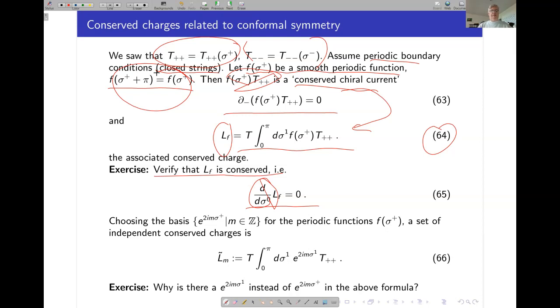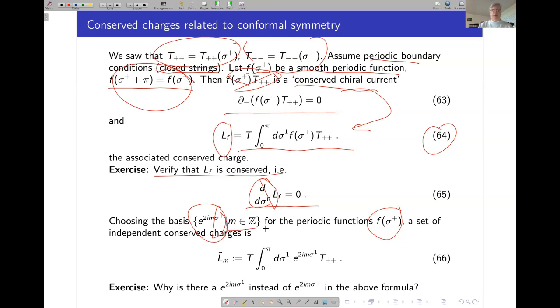Now, to organize or parameterize these conserved quantities in a non-redundant way, we use that every periodic function can be expanded in a Fourier series, and the exponentials then form a basis of functions in which all periodic functions can be expanded, labeled by an integer m.